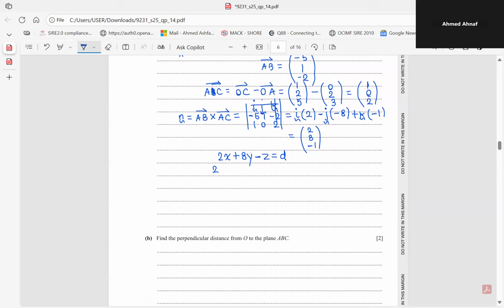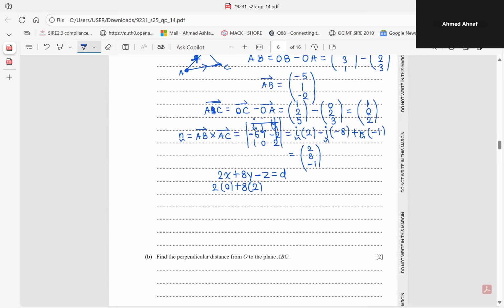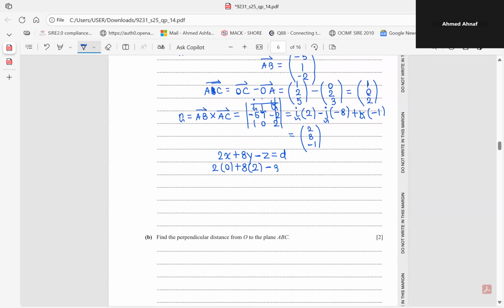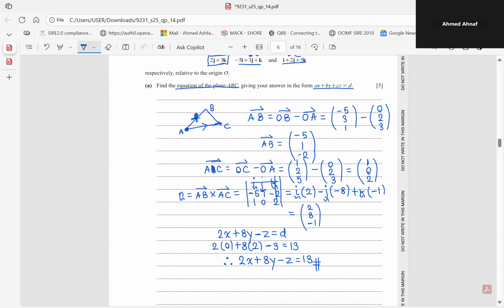So substitute x equals 0 and y equals 2 and z equals 3. So there's 0 plus 8 times 2, 16, minus 3, that is 13. Hence, this is 2x plus 8y minus z equals 13. So this is our final answer for this first part.